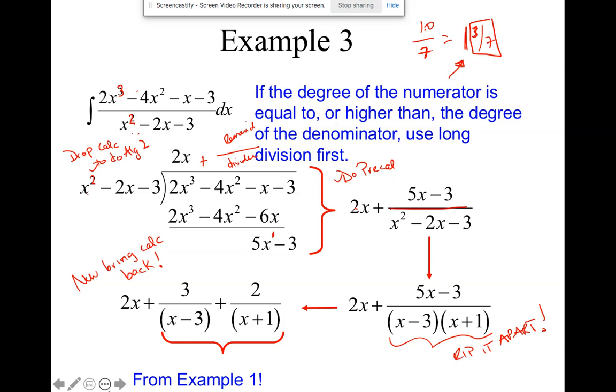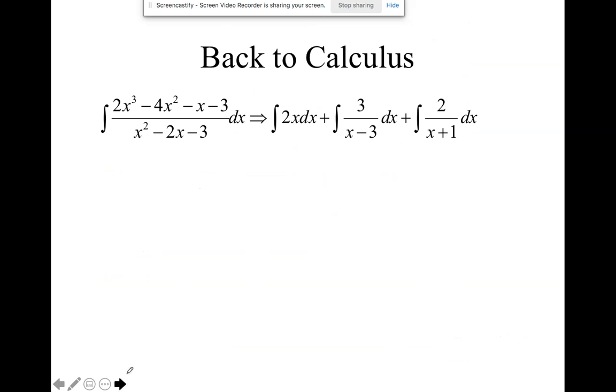I already know how to integrate that though. So the integral of this big, long, hairy fraction is the integral of its separate parts that I got from division and partial fractions: 2x and 3 over x minus 3 and 2 over x plus 1.